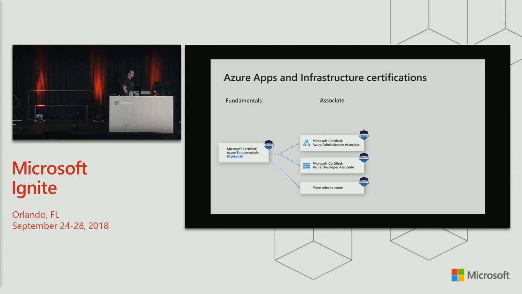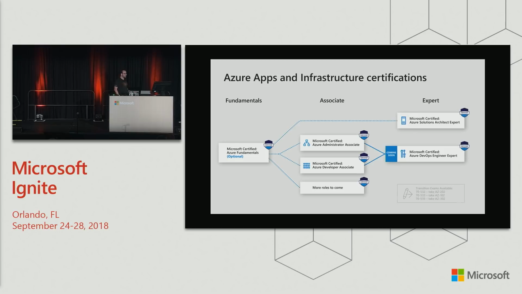So the next level is the associate, where again, for the administrator one, you become an Azure Administrator Associate. Who wants to become an Azure Administrator Associate? Yeah, welcome to the AAA club then. And then you move on with the expert level.